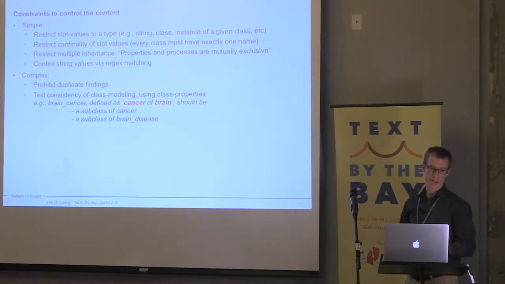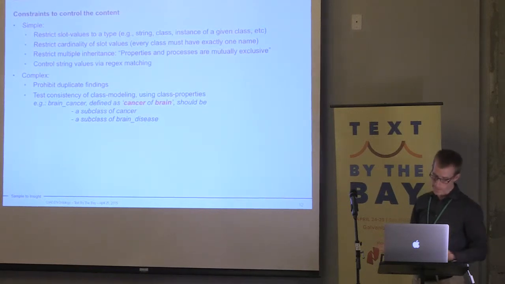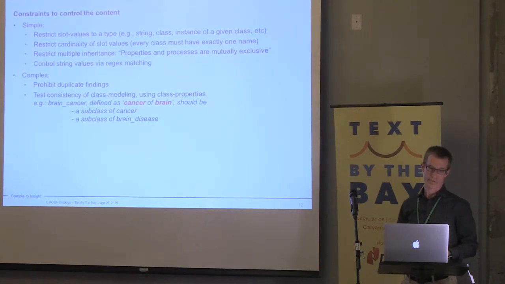So if we have a class brain cancer and it's defined as a cancer of the brain, we can tell that that should be a subclass of cancer, and if it's not, we have an error somewhere, and it should be a subclass of brain disease. And that's possible because of the definitions of some of these classes with respect to other classes.